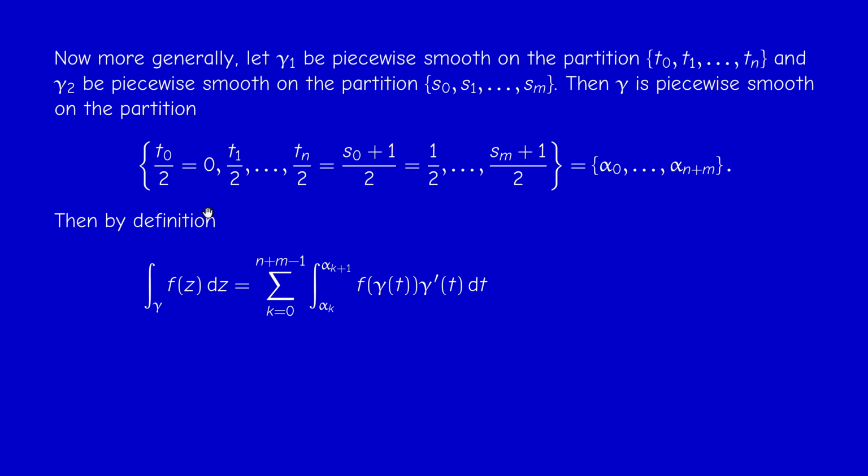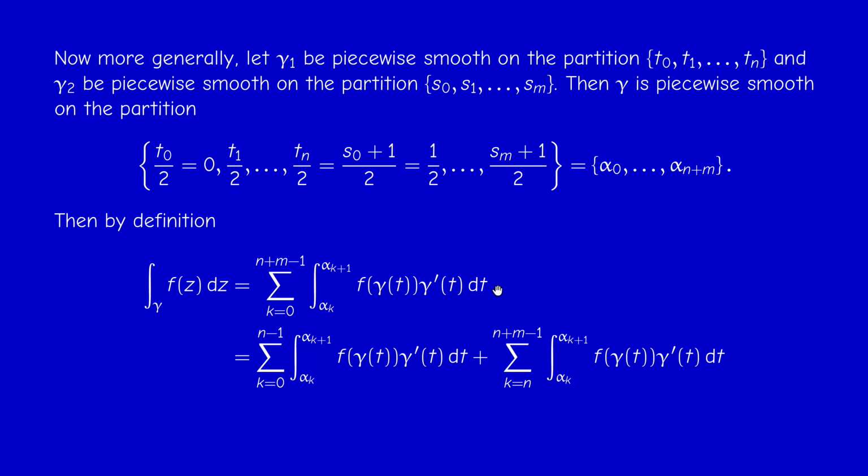So by definition of the line integral, the integral over gamma of a continuous function f is given by the sum of all these integrals. Now I split my sum into two parts, the sum from 0 to n minus 1 and the sum from n to n plus m minus 1, right? And when k is between 0 and n minus 1, alpha k is just equal to tk over 2.